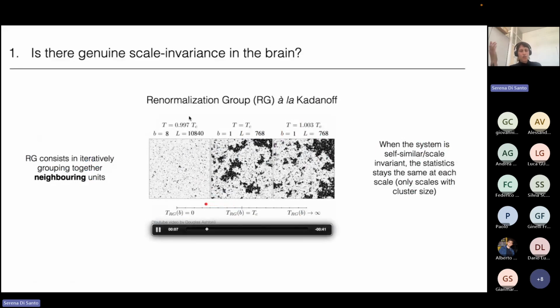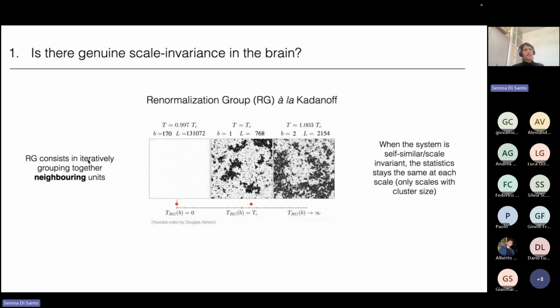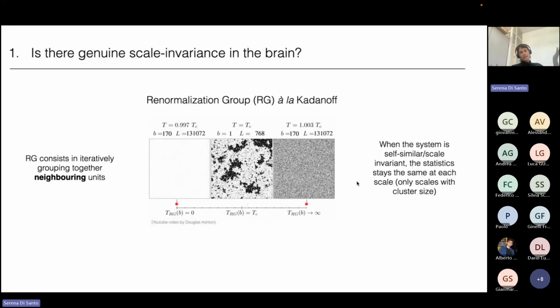And of course, the renormalization group is the go-to if one wants to do things in an elegant way. Just to set the language, the renormalization group consists in iteratively grouping together neighboring units. In this case, of course, it is the 2D Ising model. When the system is self-similar, then the statistics of the system stay the same at every scale.